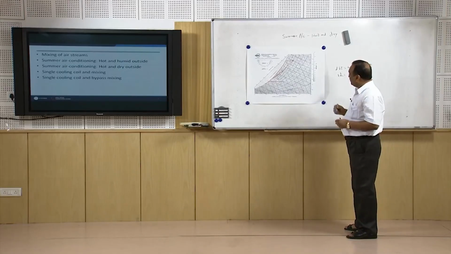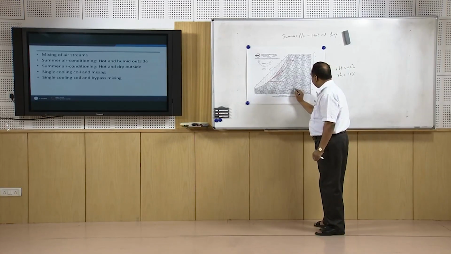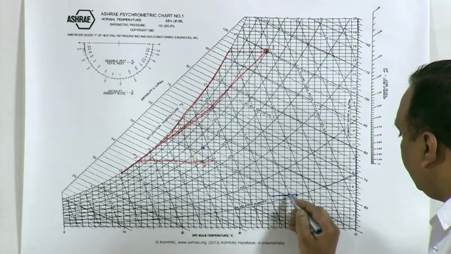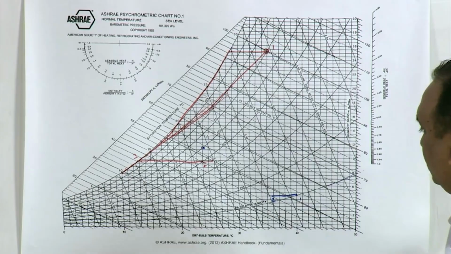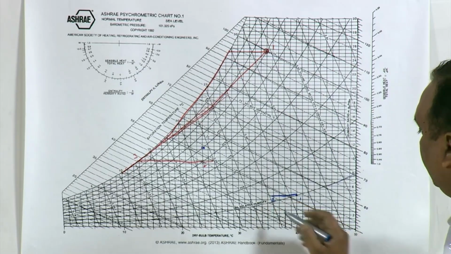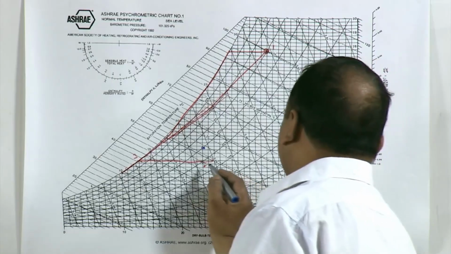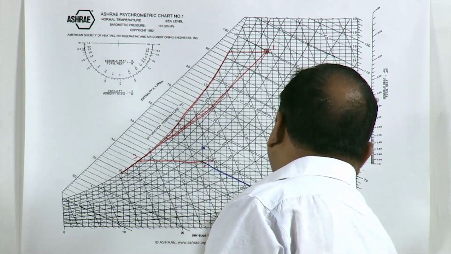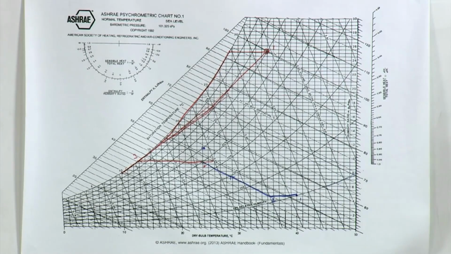So, in order to avoid this situation, sensible cooling is done. A sensible cooling of air is done from, let us say, state 1 to state 2, and after sensible cooling, when we are on the wet bulb temperature line passing through this point, evaporative cooling can be done and we can attain this state, right.